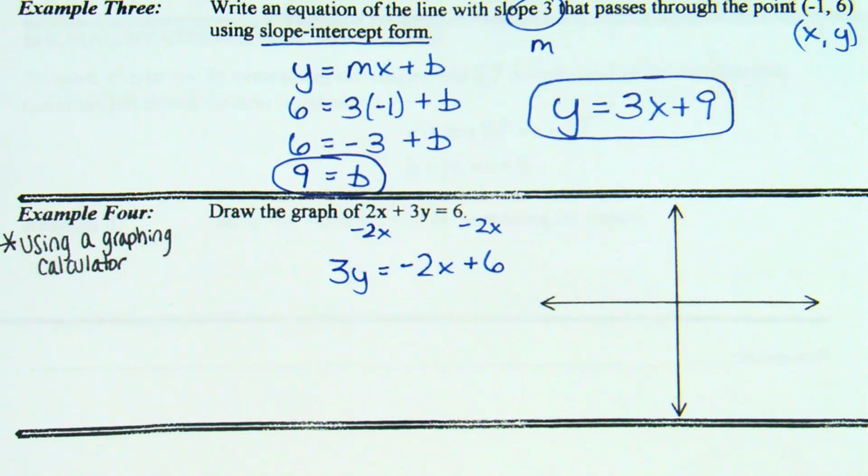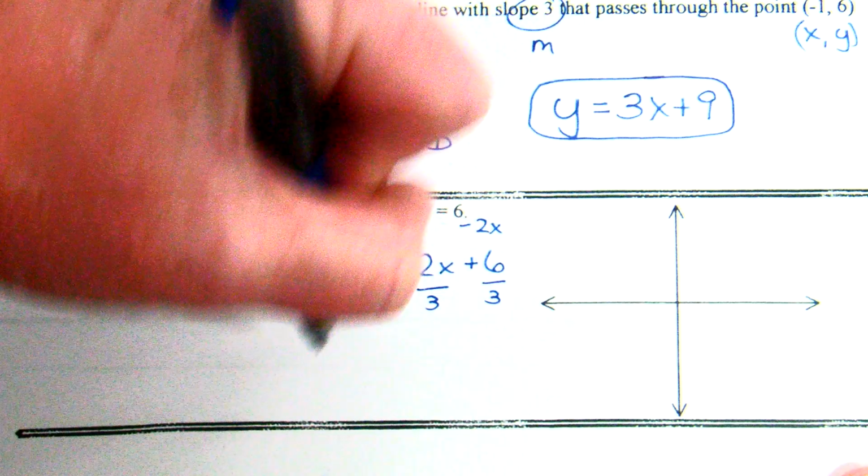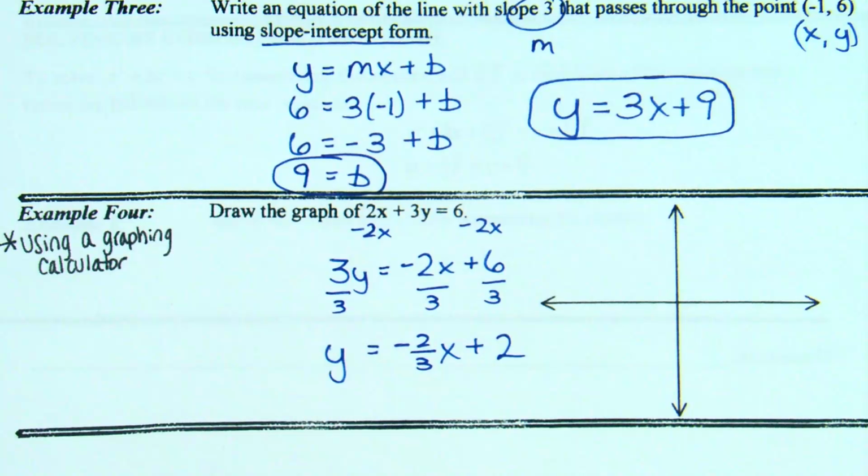I prefer to say negative 2x plus 6 because my brain thinks in mx plus b form at all times. Finish solving this for y, and we're going to divide by 3. And now I have y equals negative 2/3 x plus 2. That's what we're going to graph.